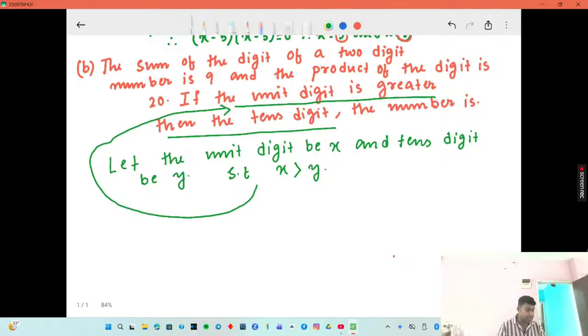So we have to write that x is greater than y, because x is the unit digit and y is the tens digit. Is it clear? If you have any doubt, you can ask me in the chat box.